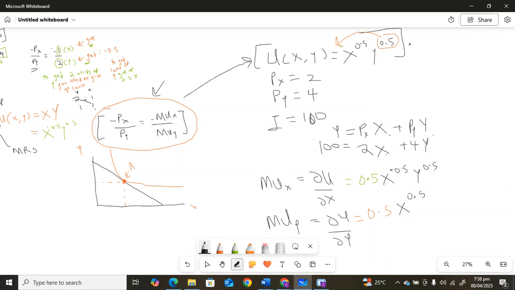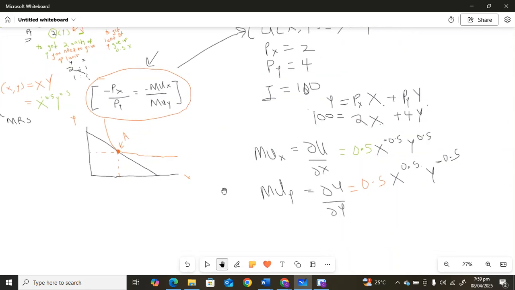Then remember you subtract a 1 from the exponent, so this 0.5, which is the power of y, when you subtract it by 1, it becomes negative 0.5. So we have y to the power negative 0.5. All right.